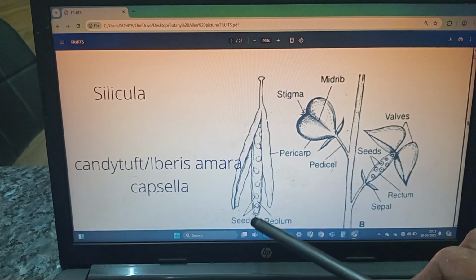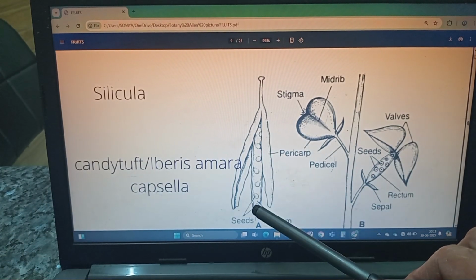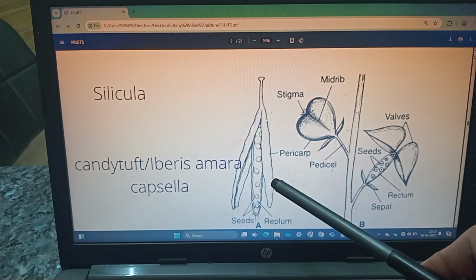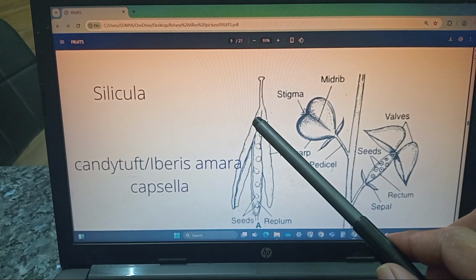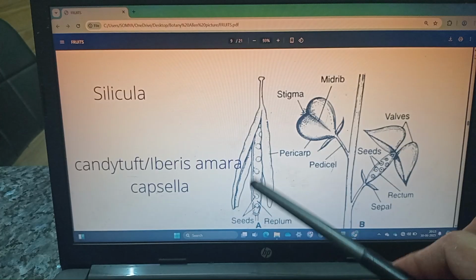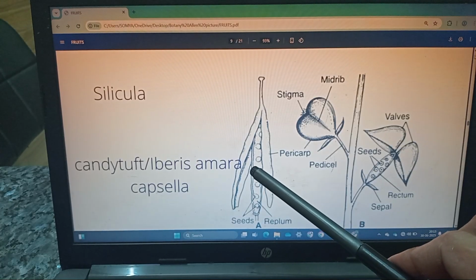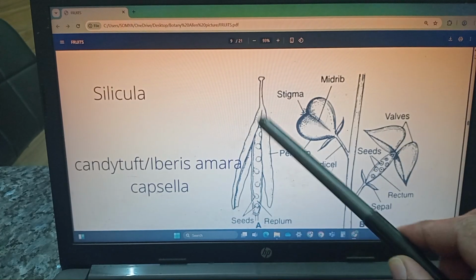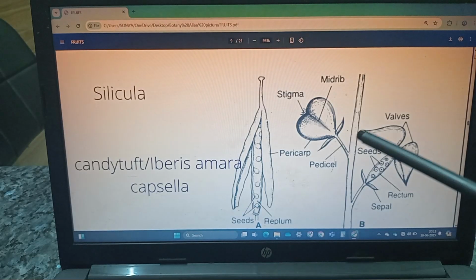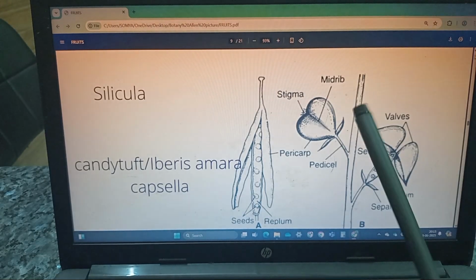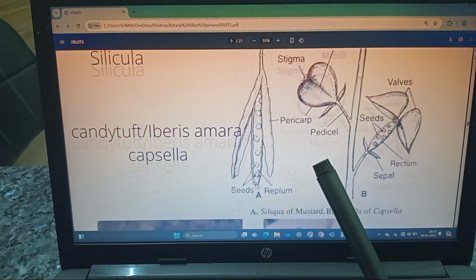And it is the false septum to which the seeds are attached. It is parietal placentation with false septum found in mustard and argemone. This fruit is called siliqua and silicula. Which is triangular, it is silicula.